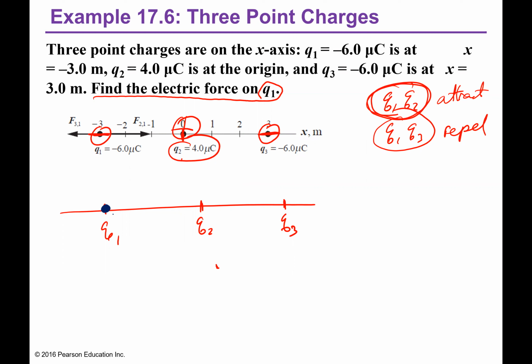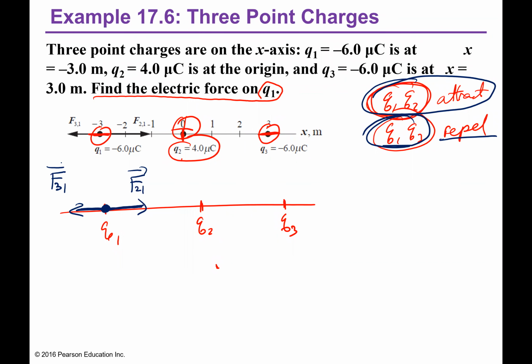Q1 and Q2 are going to be attracted, so here's the force, this is 2 exerting on 1. Q1 and Q3 have a repulsive interaction, which means Q1 is being pushed by Q3, so this is the force that 3 exerts on 1. And you can see those forces are in opposite directions.